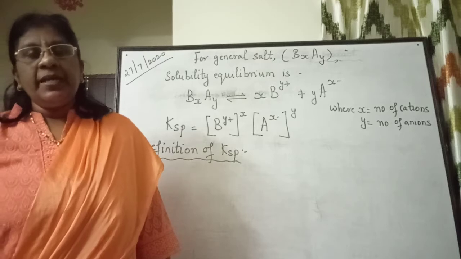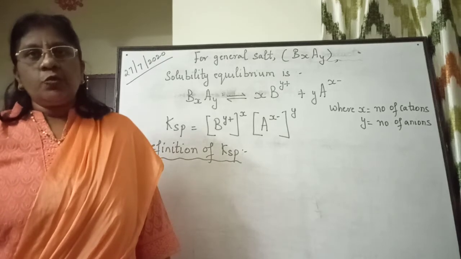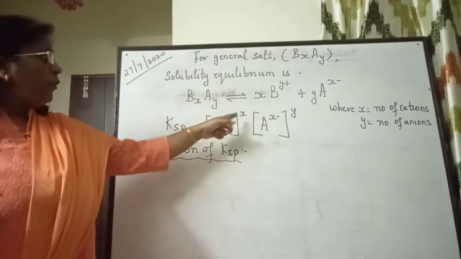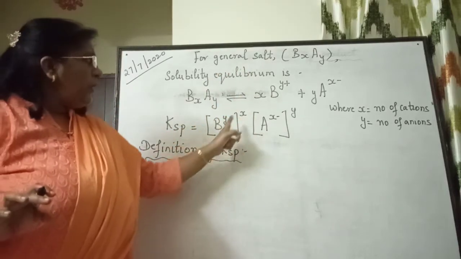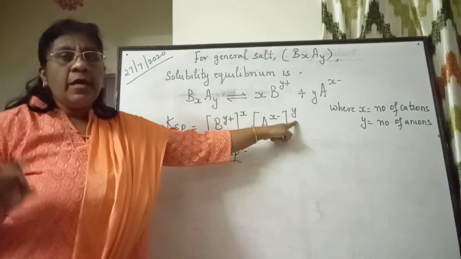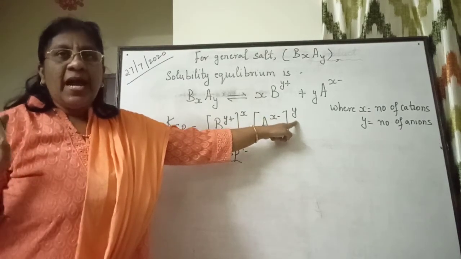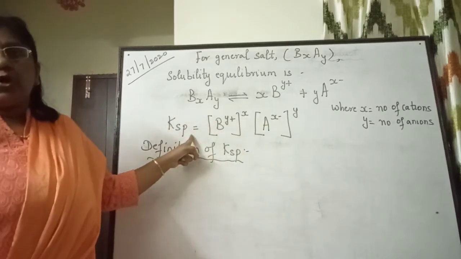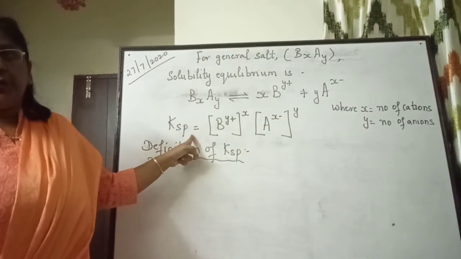I repeat again. In a saturated solution of a sparingly soluble salt, the product of ionic concentration raised to suitable power is constant at a given temperature, and that itself is called solubility product.